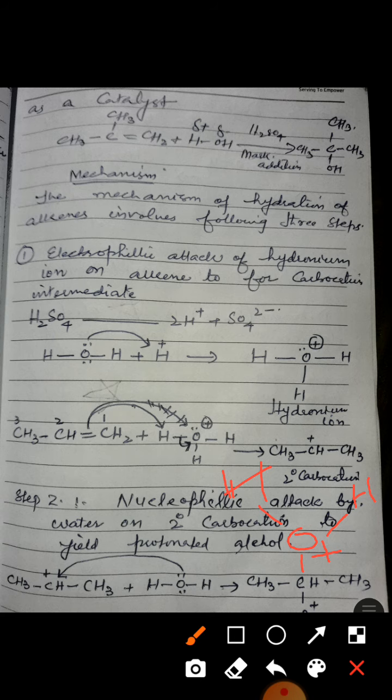तो in the next step में क्या होता है? Deprotonation और loss of proton to form alcohol. नेक्स्ट स्टेप में डीप्रोटोनेशन. यहाँ पर अगर हम देखेंगे तो इस वाटर मॉलिक्यूल का जो इलेक्ट्रॉन पेयर है, ये जो है इट एब्स्ट्रैक्ट्स दिस प्रोटॉन ऑफ द complex which is formed in step number 2, so that we get this alcohol, propan-2-ol.